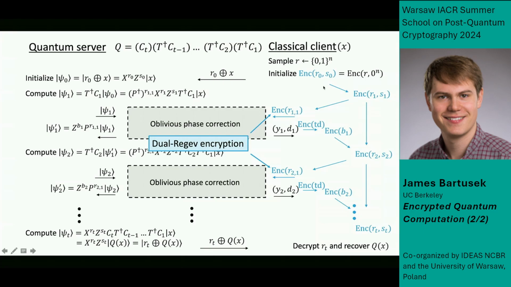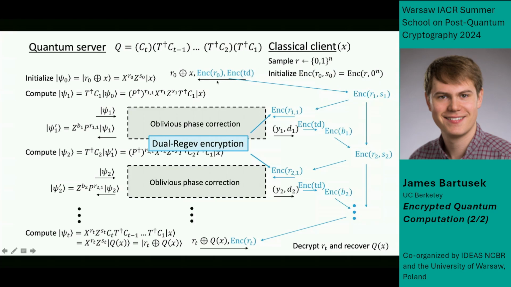And now, the whole reason for doing this is that the client can now outsource all of this computation to the server, because if you're just given these ciphertexts, you're not learning anything about the underlying encrypted information. You're still hiding what the poly one-time pad keys are.